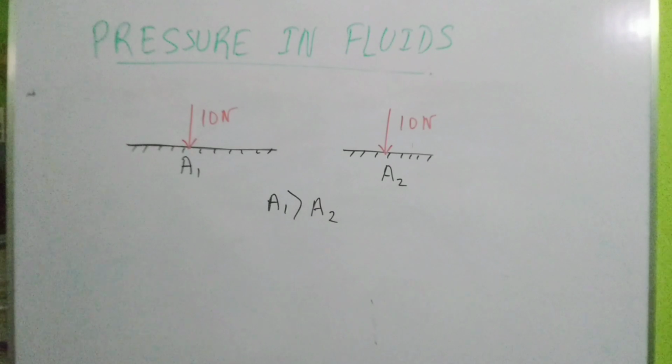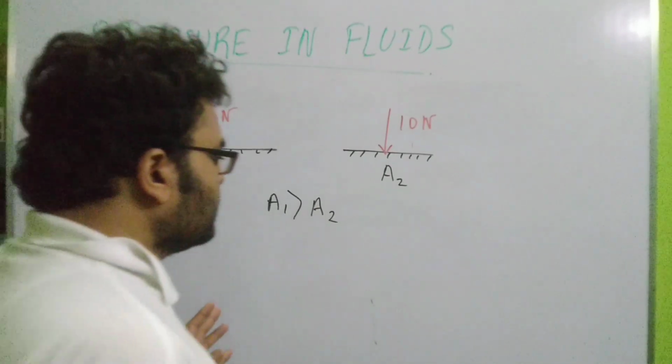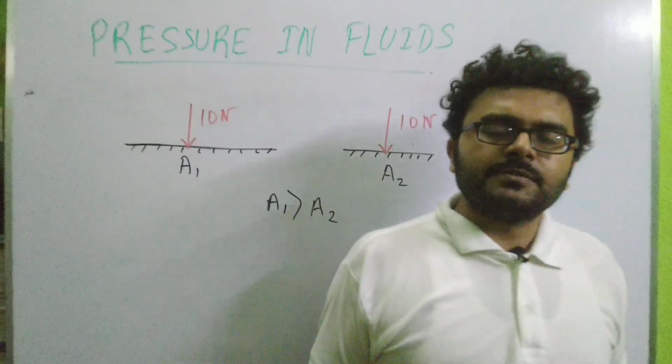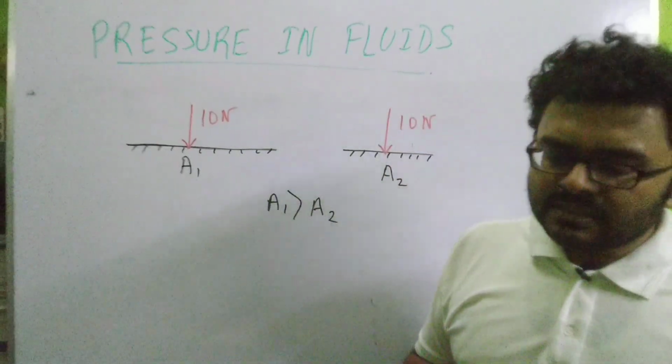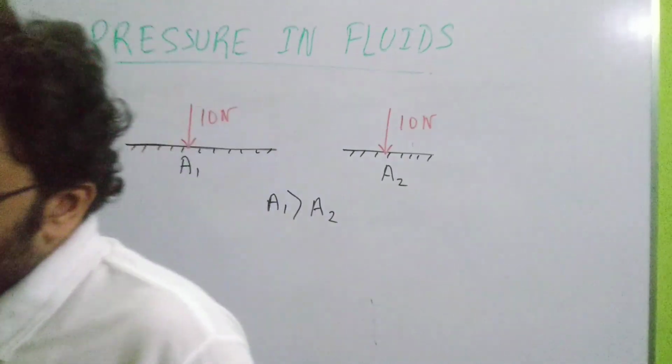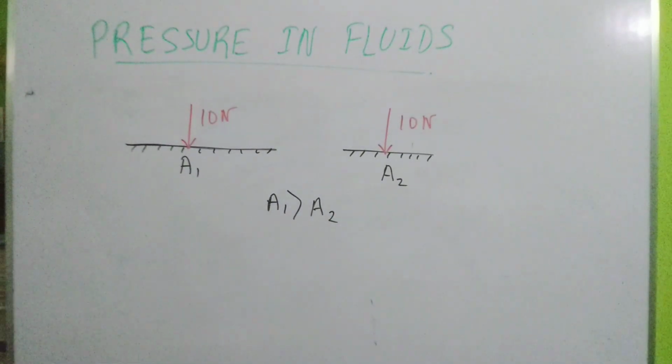If you think about it logically, the impact of these two thrusts on these two surface areas will be different, simply because the surface areas are not the same. The surface areas are different, so obviously the thrust will act differently. The impact will be different.